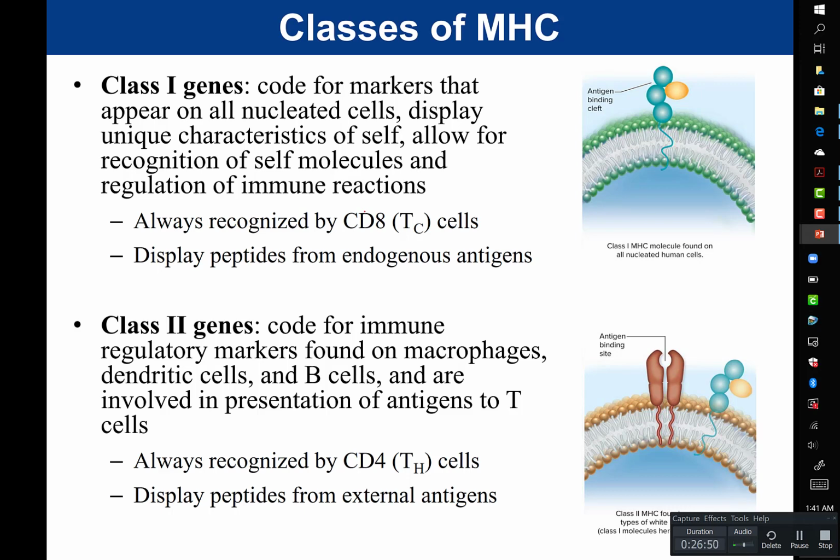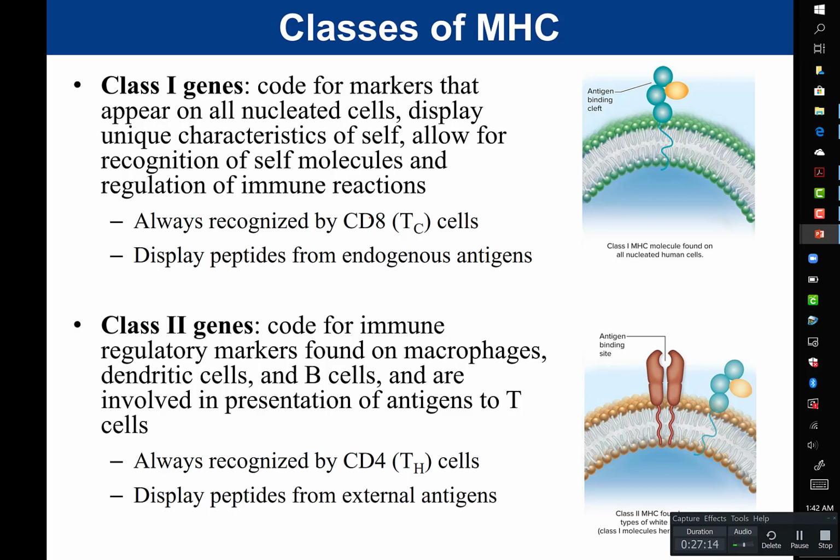When the antigen is displayed that way, it's going to bind to the cytotoxic T cells. And remember that the cytotoxic T cells are the ones that do the cell-mediated immunity. And so the cytotoxic T cells are going to recognize the antigen displayed that way, and it's going to tell the immune system to kill that cell.